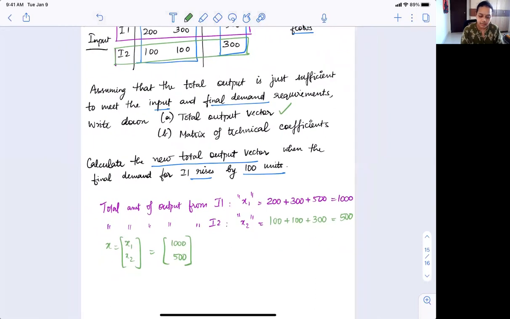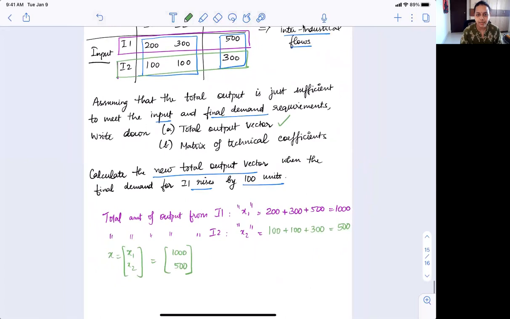The next part asks us to find the technology matrix, which is the matrix of technical coefficients. The technology matrix tells you the flow of output between industries in order to produce 1 unit of output in each industry's case.